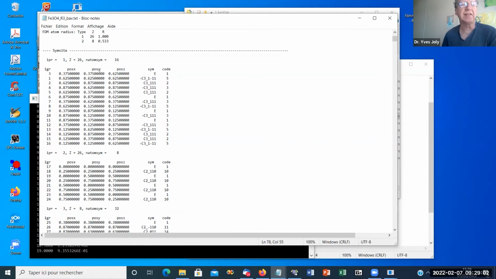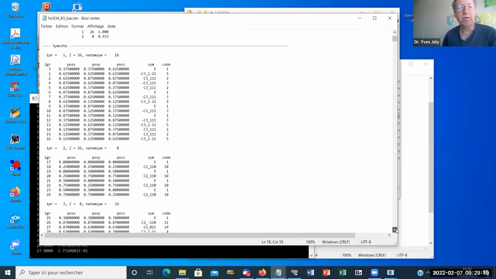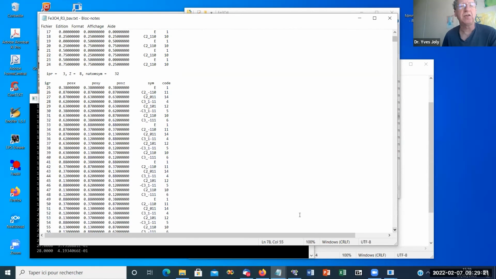So you can see that here you have 16 atoms of iron and their position in the unit cell and the relative symmetry between them. The same for the octahedral site, the tetrahedral site, and the same for the oxygen site: 32 atoms and their position in the unit cell.